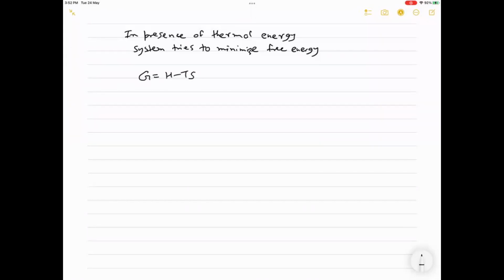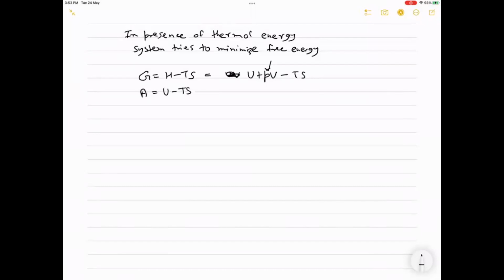So there is another kind of free energy which is called Helmholtz free energy, which is given as A is equal to U minus TS. Now, if you look at this Gibbs free energy, H, enthalpy, is U plus PV, so G is U plus PV minus TS. Whenever we are talking about protein folding, there is zero change in the pressure of the protein, and especially this PV term is almost zero.